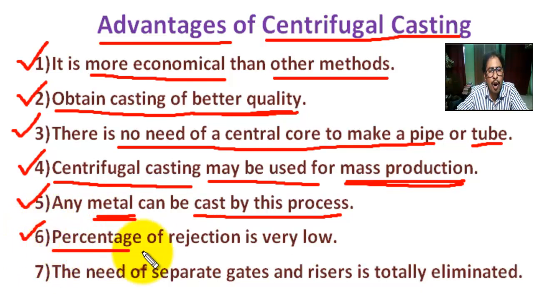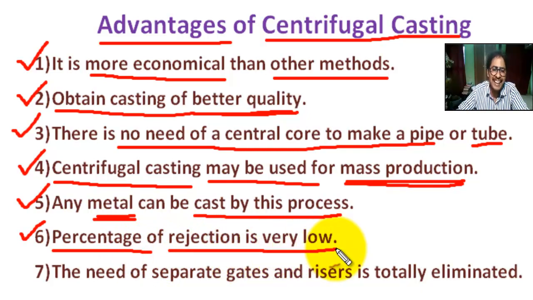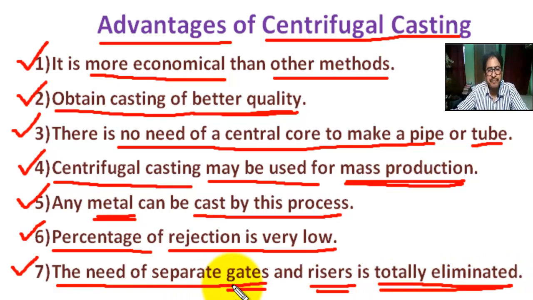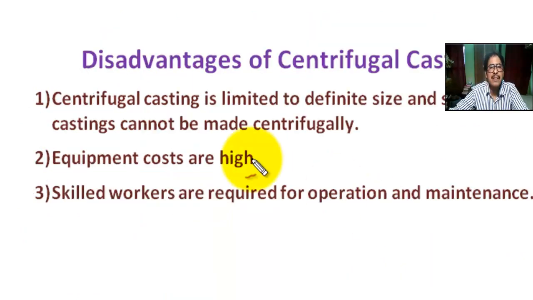Number 6, the percentage of rejection is very low. Number 7, the need of separate gate and riser is totally eliminated.